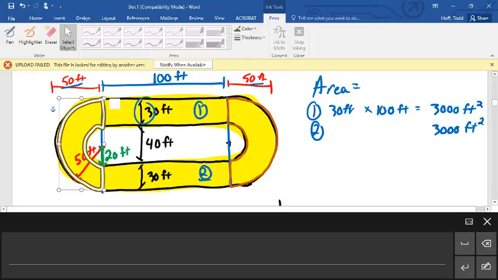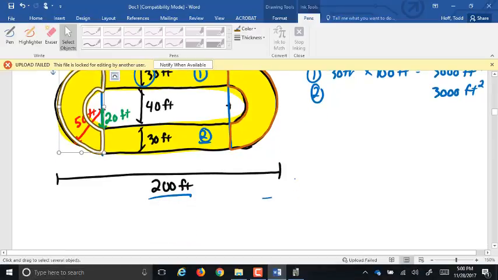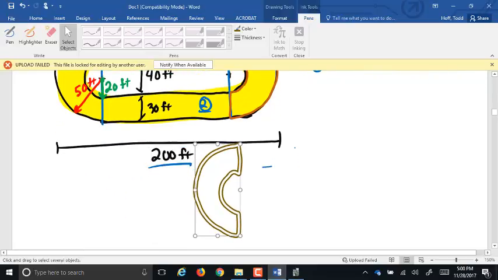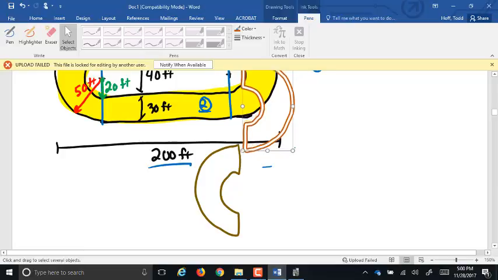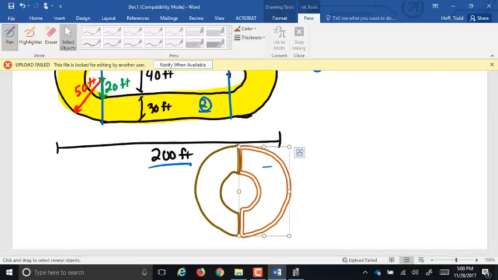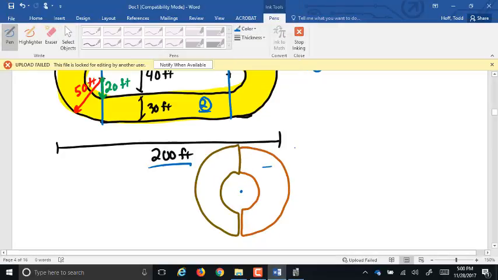If I take those and put them together, I have basically a washer just like we did before. The big circle has a radius of 50 feet. And the little circle has a radius of 20 feet.